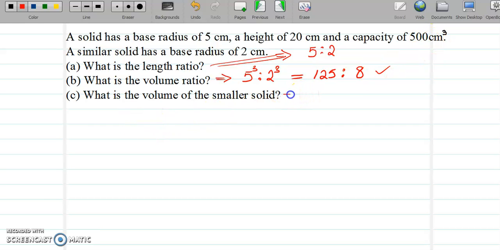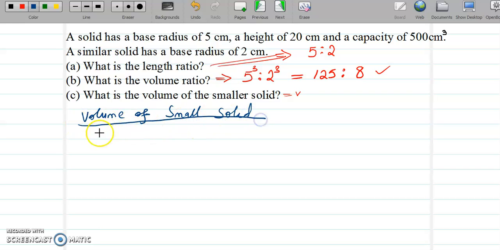If I let the volume of the small solid be small v, that means the volume of the small solid divided by the volume of the large solid, which is small v over 500, must be equal to the volume ratio, and the volume ratio of the small solid is 8 and the big solid is 125.